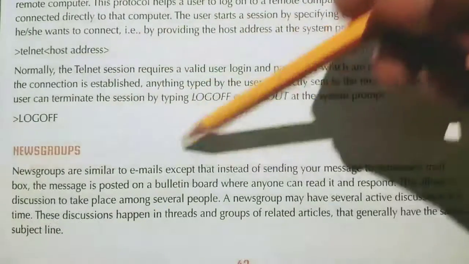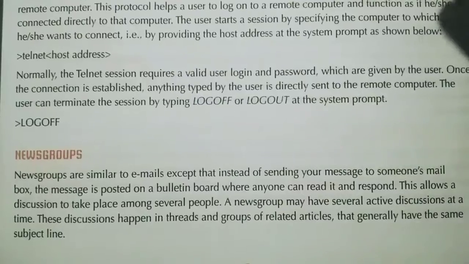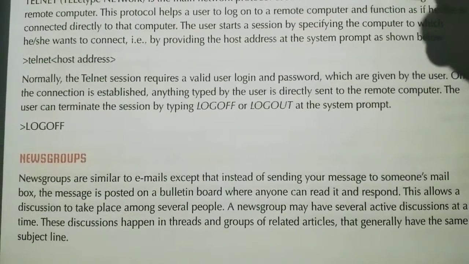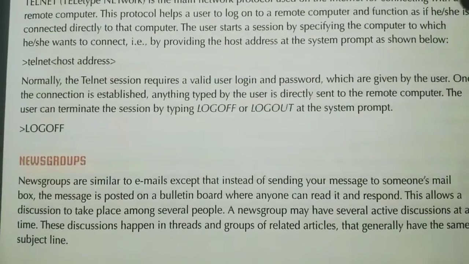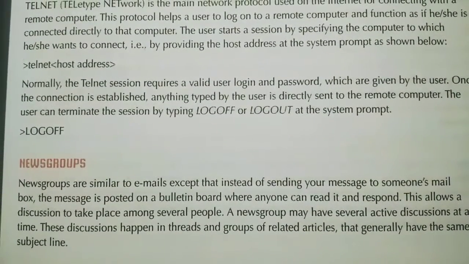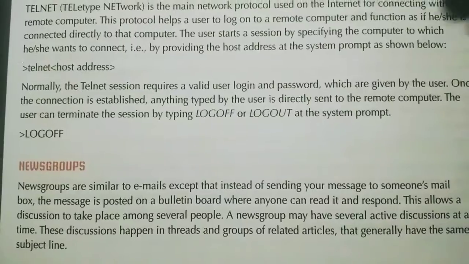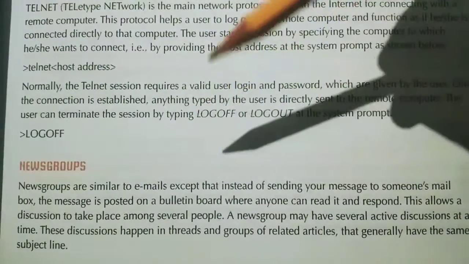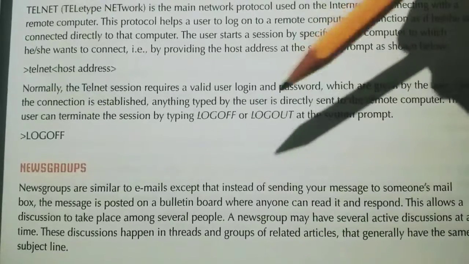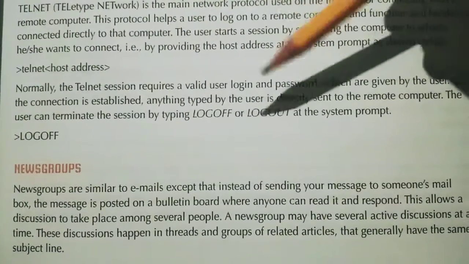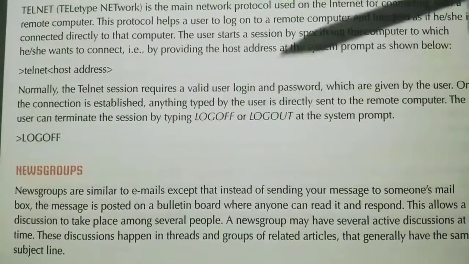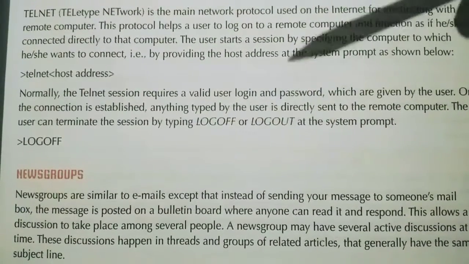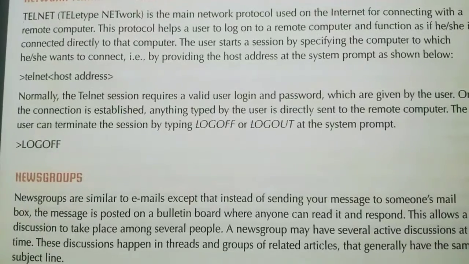So a news group is like an email where you send your messages, but the difference is that the message is posted on the bulletin board. Bulletin board means it is public. Your message can be read by anyone and responded to by anyone.